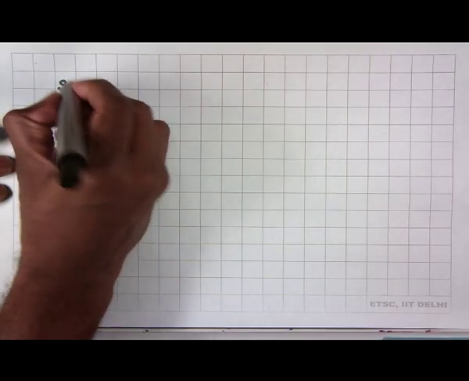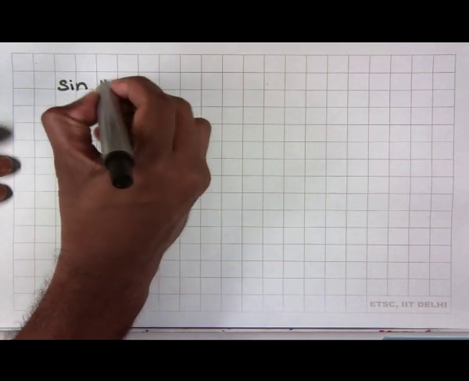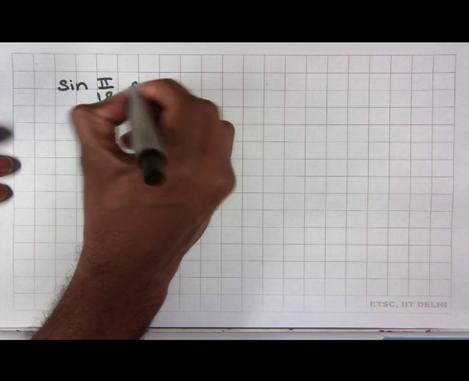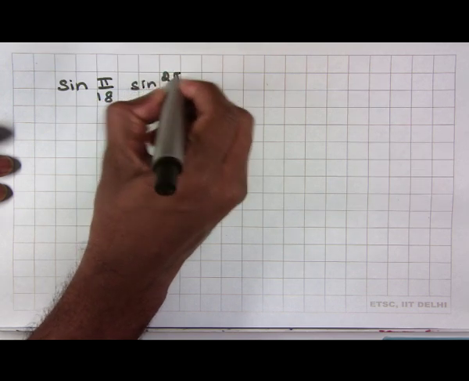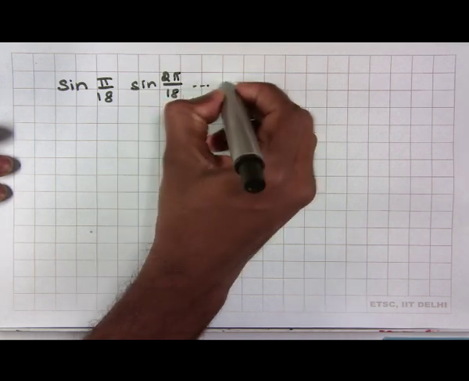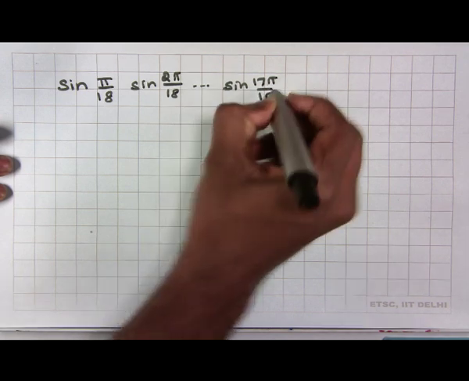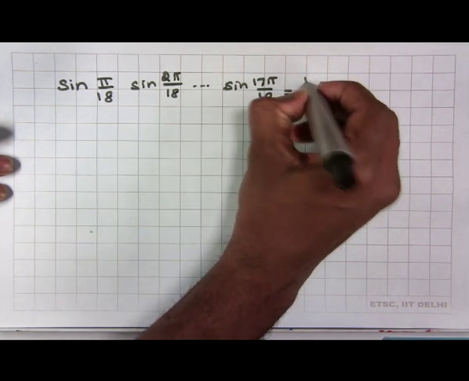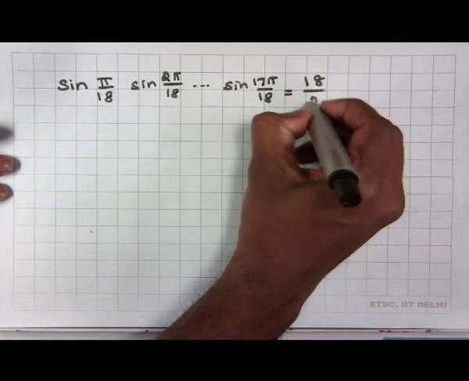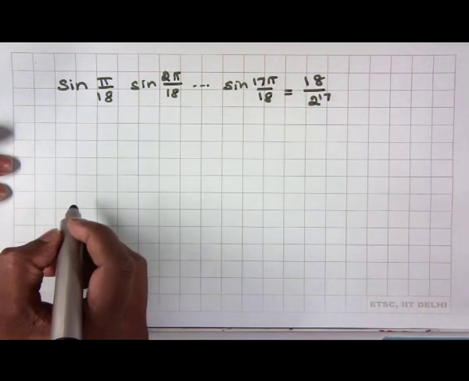We have the given expression, sin pi by 18, sin 2 pi by 18, until sin 17 pi by 18, which is 18 by 2 to the power 17.